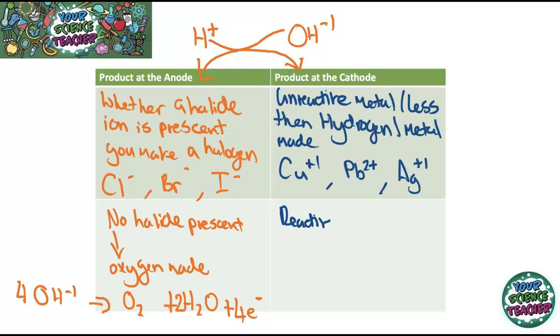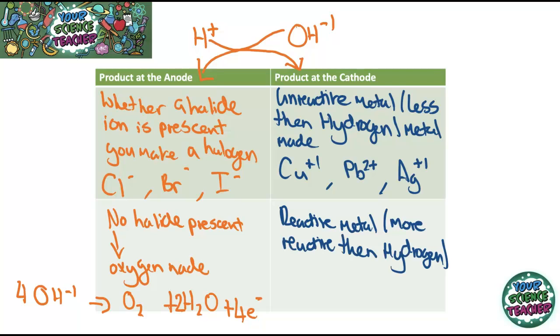Active metal, which is more reactive than hydrogen. And in this scenario, you make hydrogen instead. So just thinking of some examples, maybe if you had sodium or potassium or even calcium, then in all of these scenarios, you'd make hydrogen.